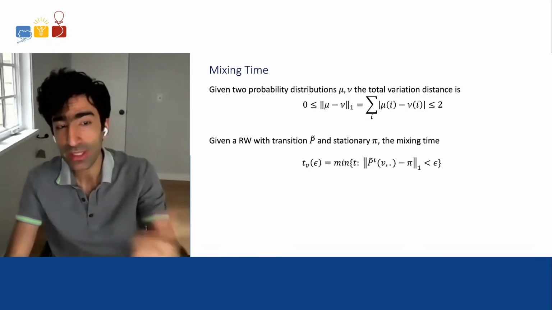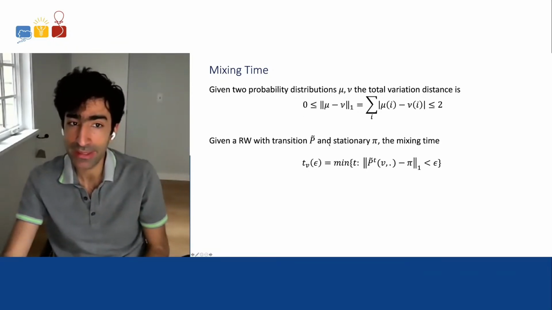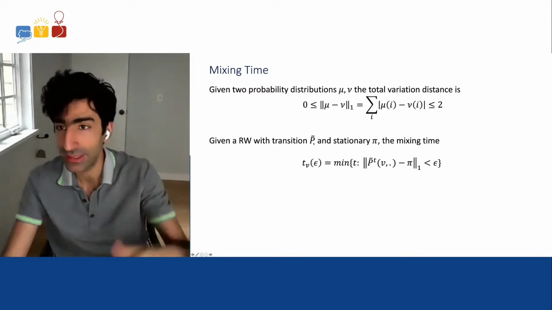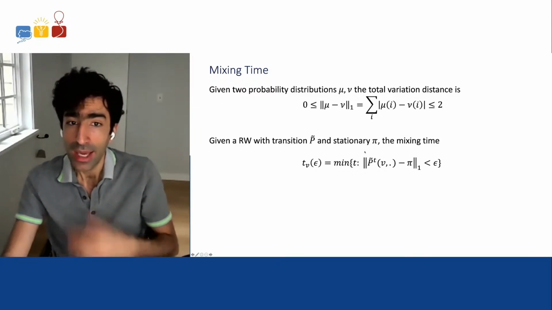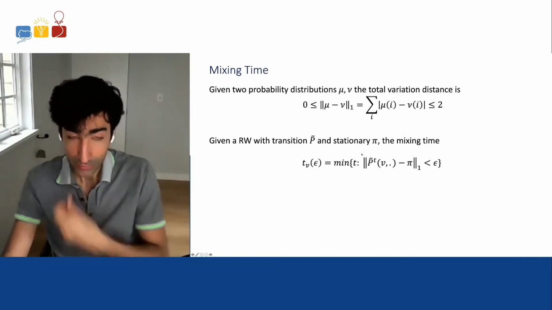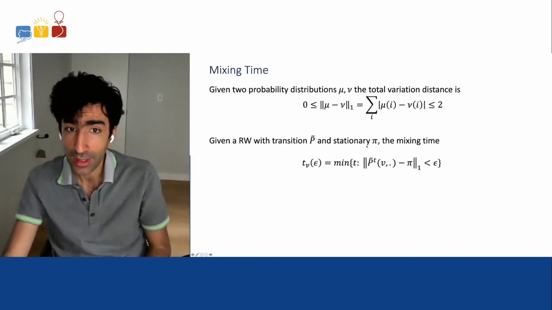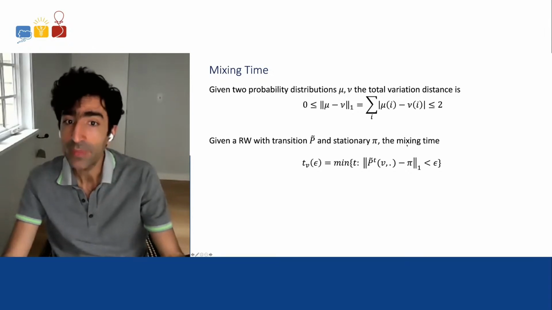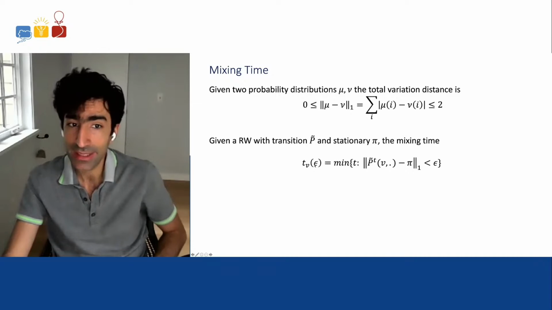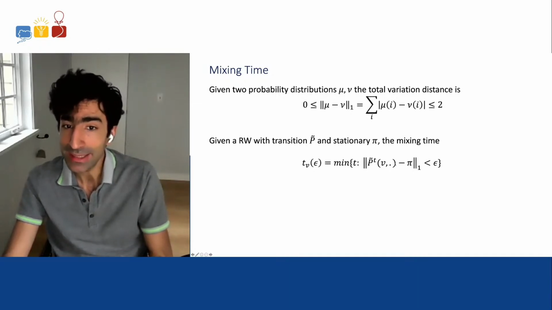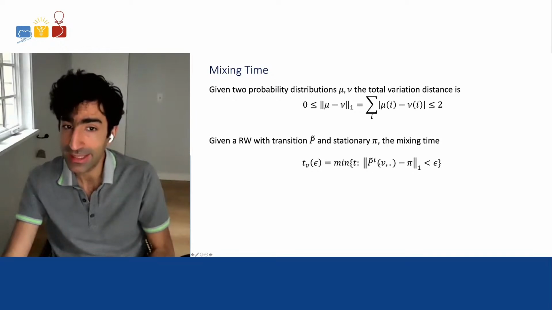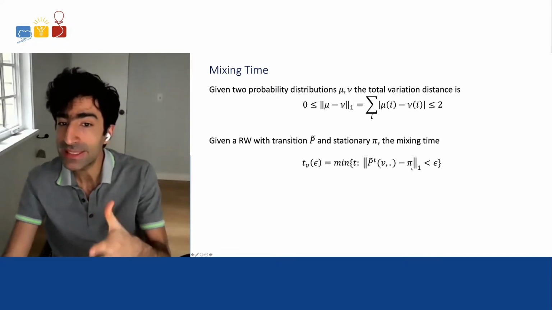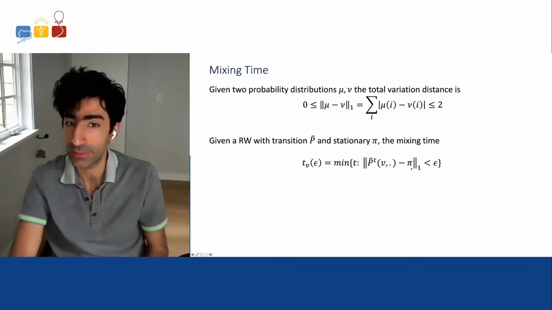Now, let's say you're given a random walk with the half lazy transition probability matrix P tilde, and the stationary distribution pi. The epsilon mixing time starting at V is the time it takes for a distribution started at V, after time T, to get to epsilon distance of the stationary distribution.